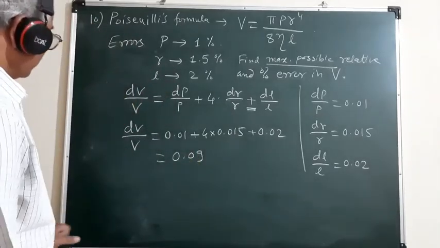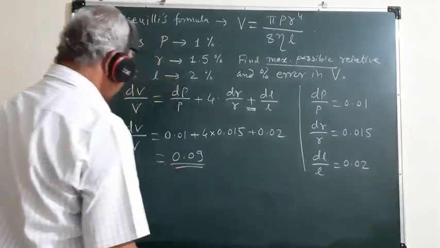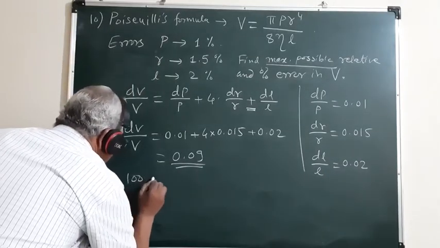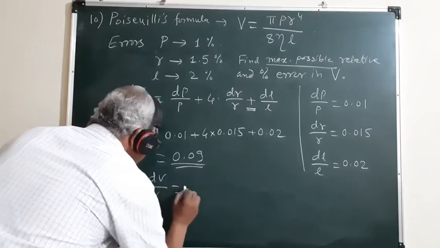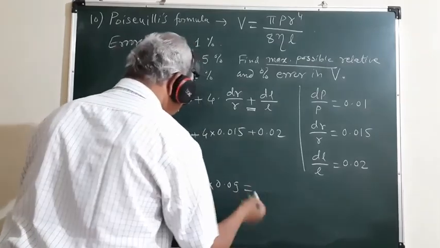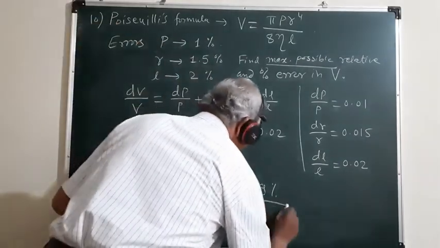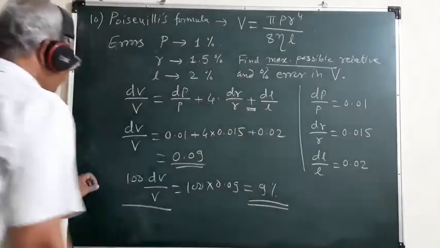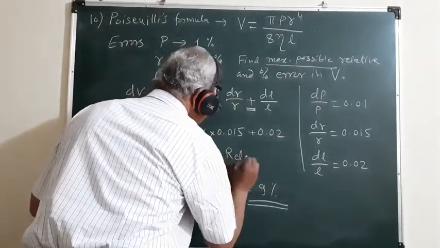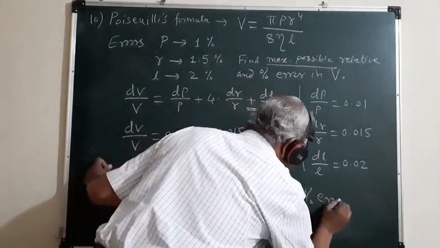So the relative error in the measurement of volume rate of flow works out to be equal to 0.09. And to find out the percentage error, we have to multiply it by 100. So 100 dV by V will be equal to 100 into 0.09. So this works out to be equal to 9%. So this is the relative error, and this is the percentage error in the measurement of volume rate of flow.